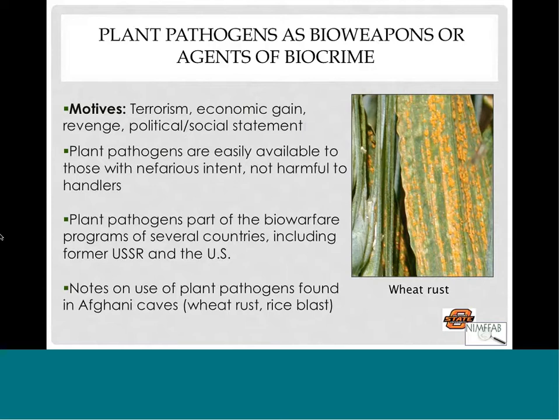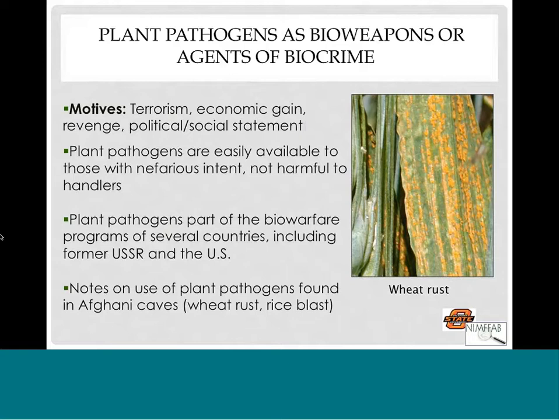But what's different about plant pathogens is that they are easily available to most people who might have intention to harm. And also they don't pose a threat to the handler as a human pathogen would, like anthrax. We know that they actually were part of the bioweapons programs of several countries, including the former USSR and our own country, the United States.